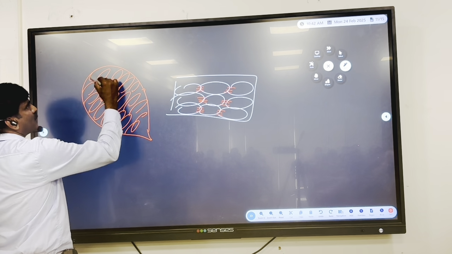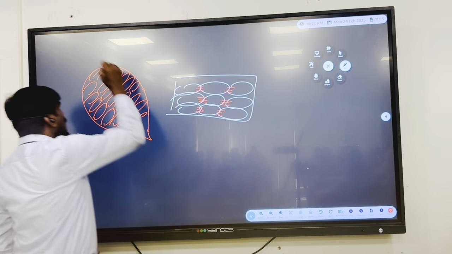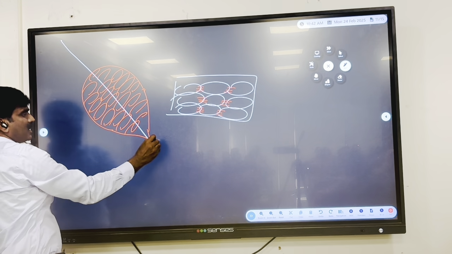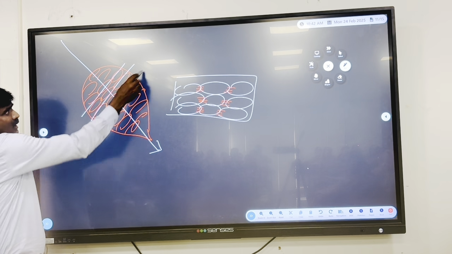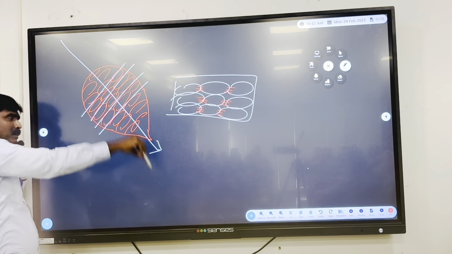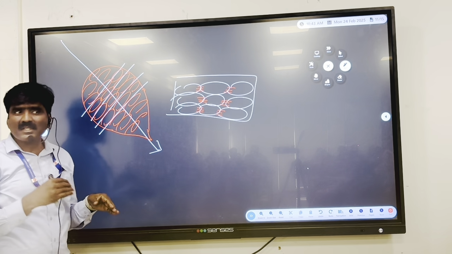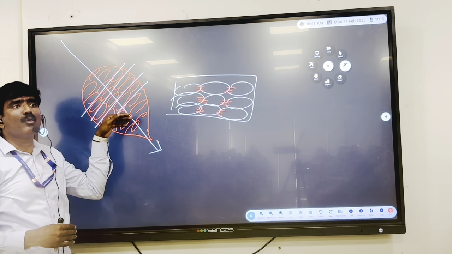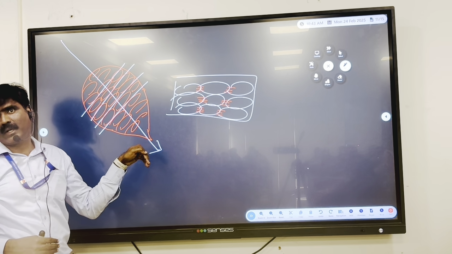This is the arrangement of cells in the AV node. If the direction of the current is passing in this direction, the cells are arranged in this direction and the current is passing perpendicular, right? So this is the reason why the current is moving slowly in the AV node.